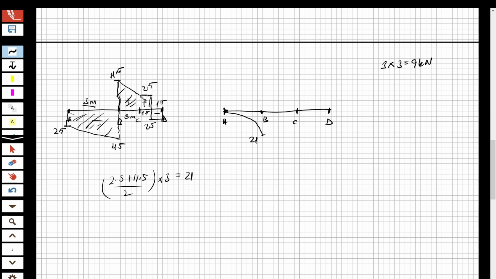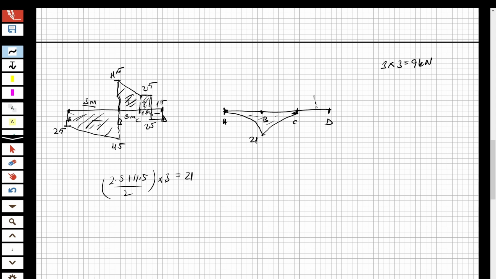And this shape, look at here, is actually the same. 11.5 plus 2.5 over 2 multiplied by 3 is going to be 21. And I'm going to increase by 21. But again, it's going to be parabolic, okay, from this point C. And then look at here, this is rectangular, so it's going to be triangular, I guess. You know that.